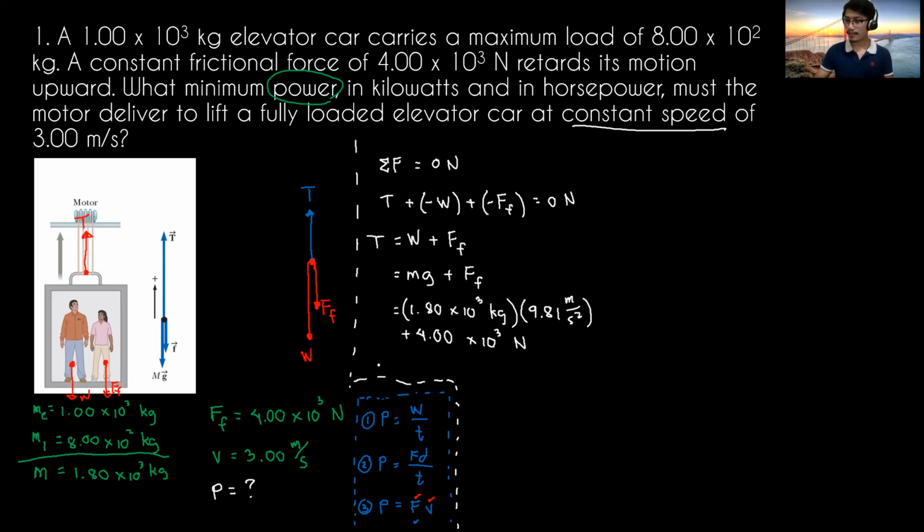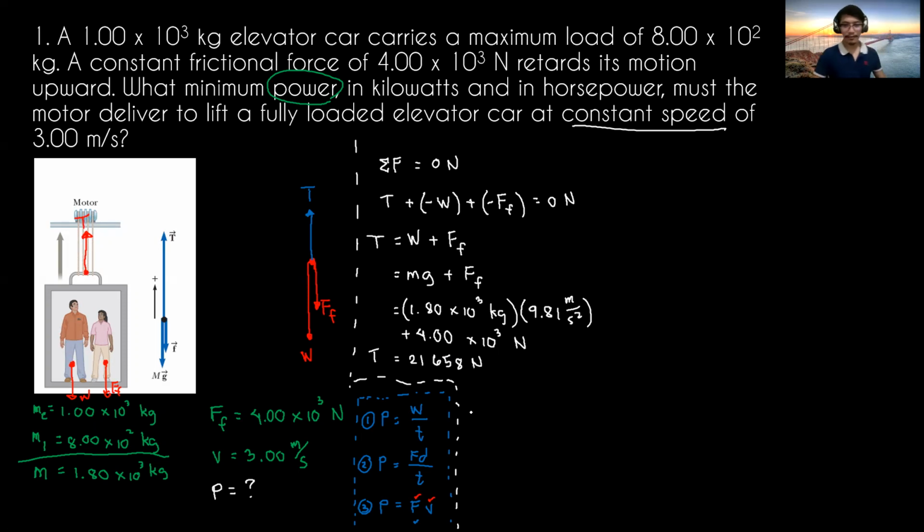Okay, and that will give us a tension of... So tension is 1.8 times 10 to the power of 3 times 9.81 plus 4 times 10 to the power of 3. So that will give us a tension of 21,658.658 Newton.